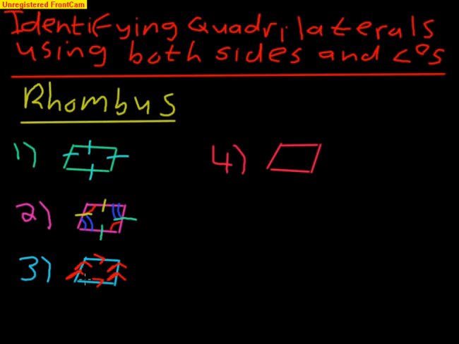So for example, if this side and this side is equal, and we have two pairs of sides that are parallel, that's enough information. So adjacent sides are sides that meet each other to form an angle or a vertex.